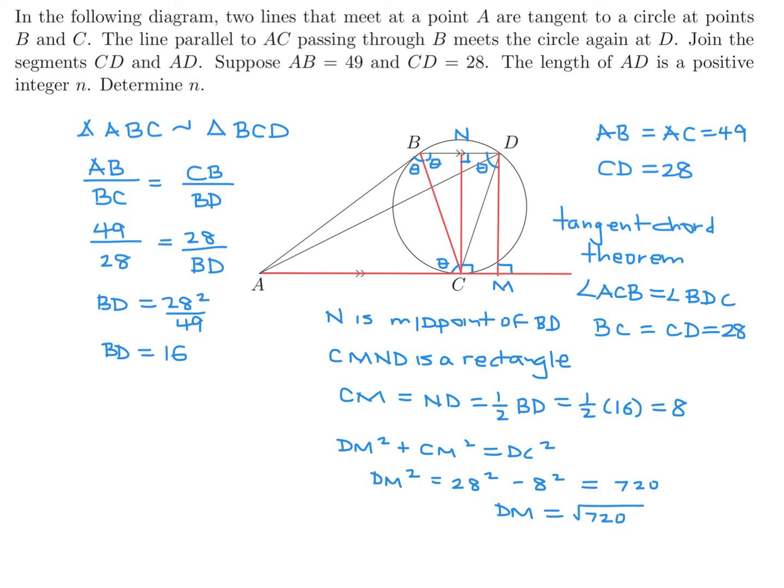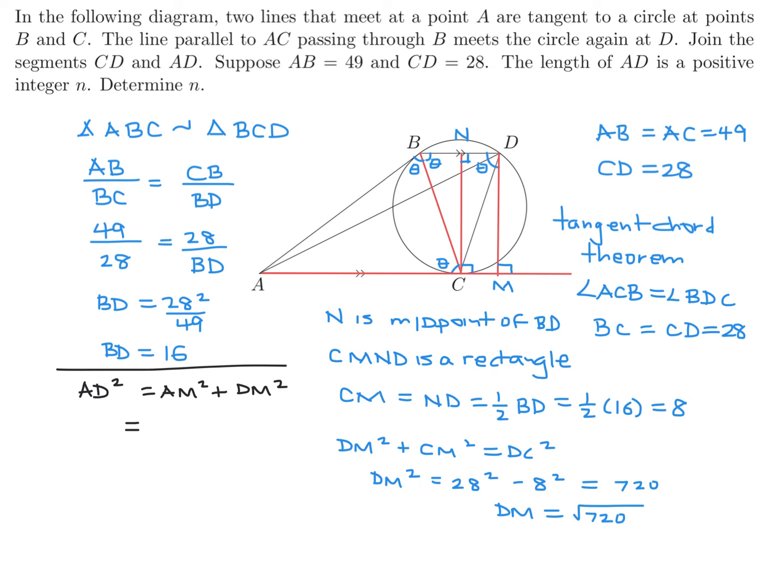Okay, I think just one more Pythagorean theorem and we should be done figuring out AD. And that's this big guy right here, that triangle. So that means AD squared is equal to AM squared plus DM squared. Okay, well, AM looks like AC plus CM.